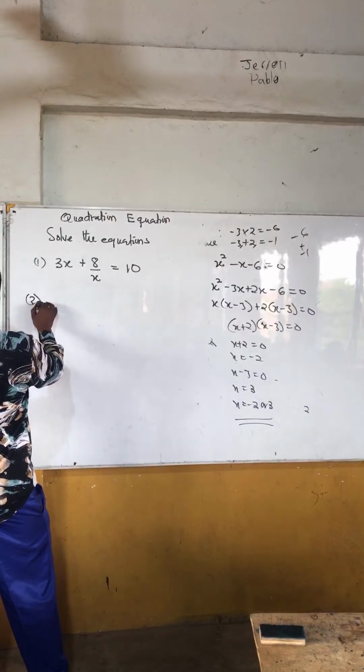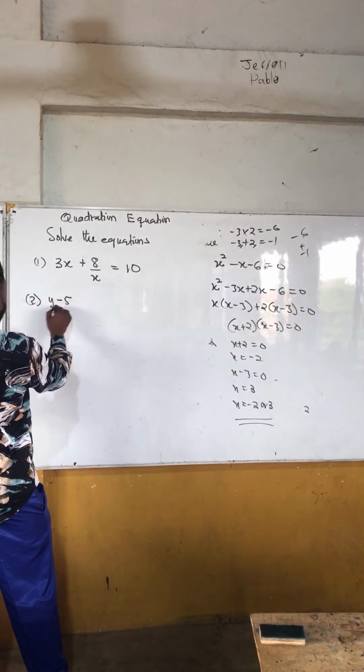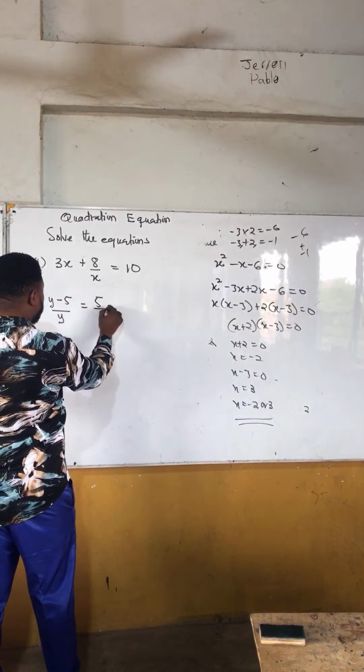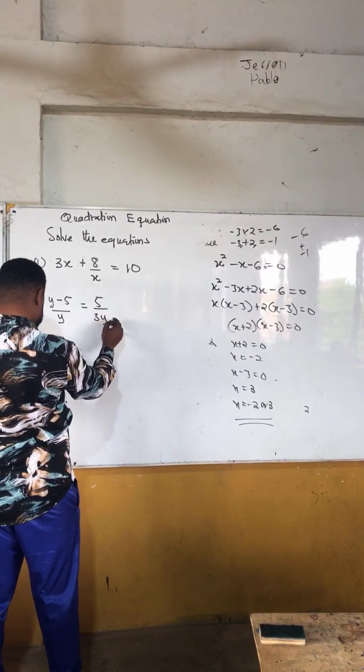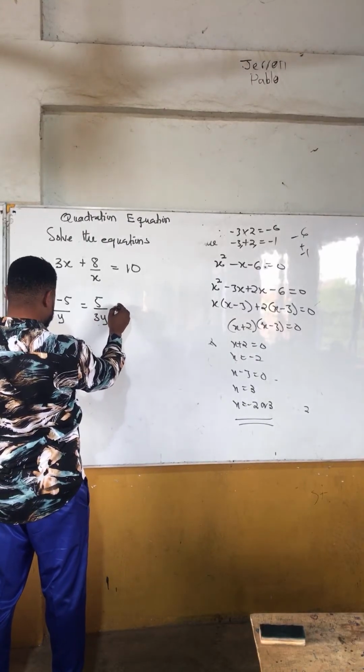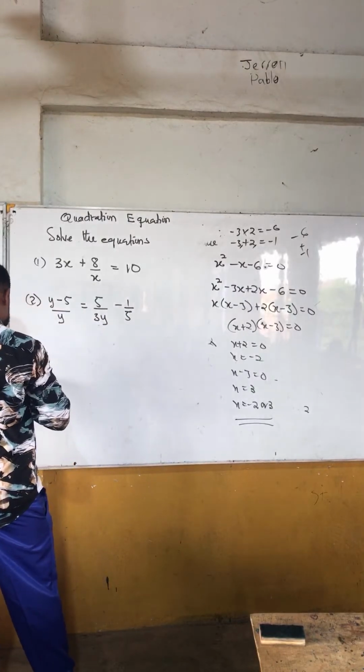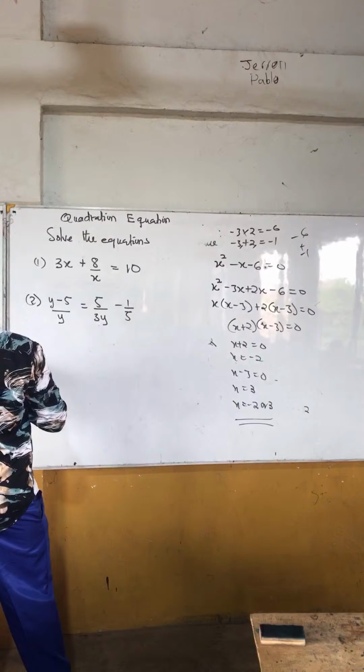Number 2, y minus 5 all over y, 5 divided by 3y, minus 1 over 5.